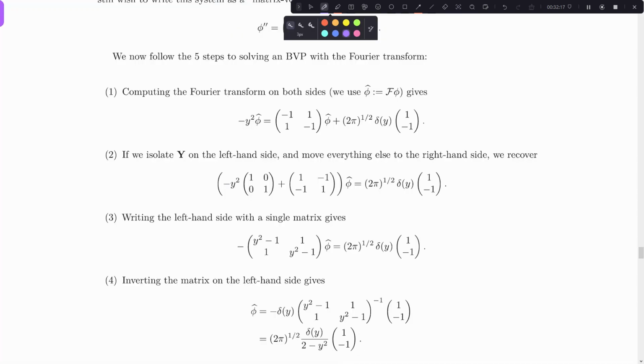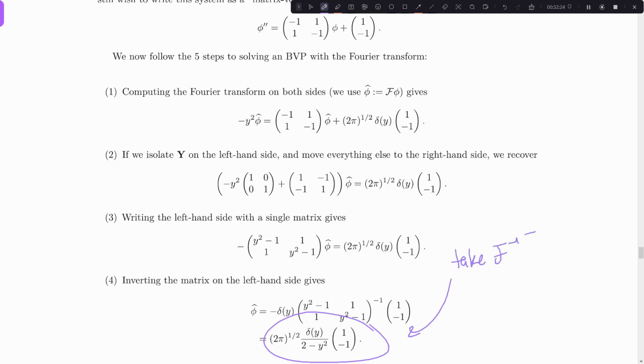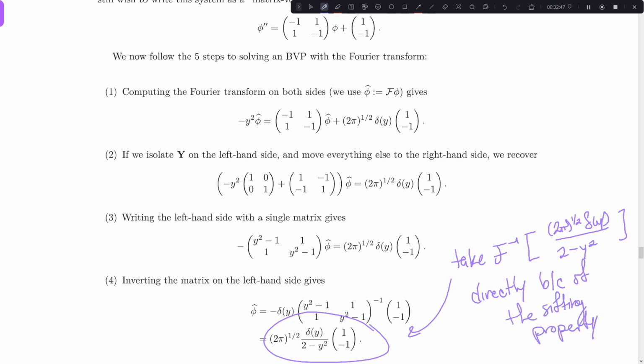Now, I want to comment before, let's just take the inverse Fourier transform of this directly, and in particular we're going to take it of 2 pi to the 1/2 delta(y) over 2 minus y squared directly, because of the sifting property of delta. Since delta has the sifting property, if I represent the inverse transform of that directly, the root 2 pi cancels with the root 2 pi out front, and I'm considering an integral from minus infinity to infinity of delta(y) e to the i x y divided by 2 minus y squared dy.